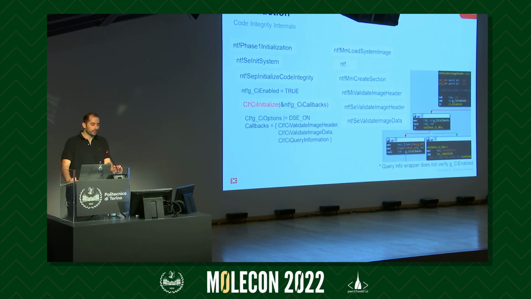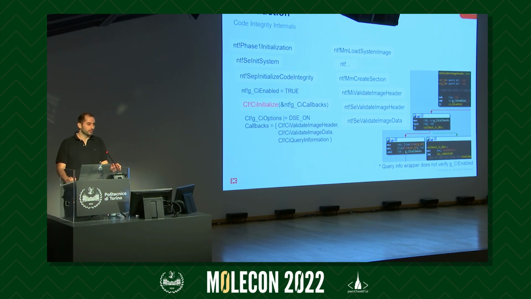So specifically how it works, if we look at the left-hand side of the slide, when the kernel starts, during the boot phase of the operating system, it will try to initialize the code integrity feature, which is implemented in an additional kernel library called CI.DLL. All of the symbols that you see here are private.